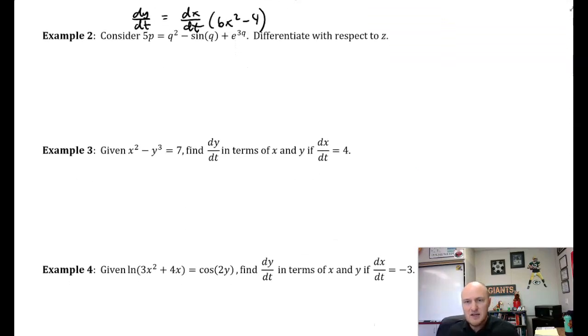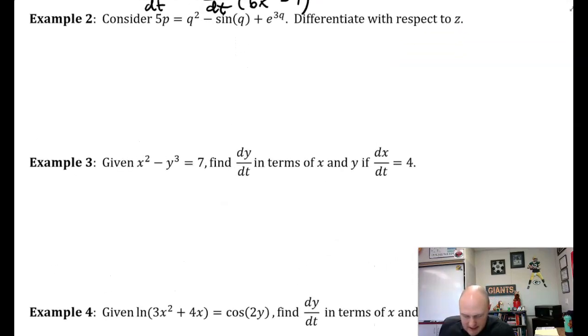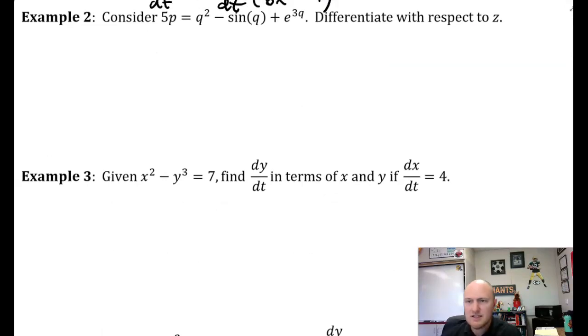Example number 2, same idea. Consider 5p is equal to q squared minus sine of q plus e to the power of 3q. Differentiate with respect to z. Okay, sure.